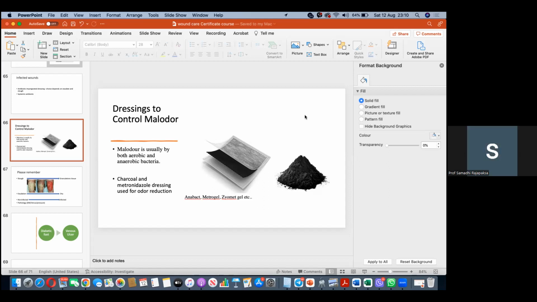Yeah. And there's another question. One part you have already answered about the dressing before changing. If there are undermined edges, how to proceed further? Yeah. If there are undermined edges, you need to see whether there is slough and infected material inside them.